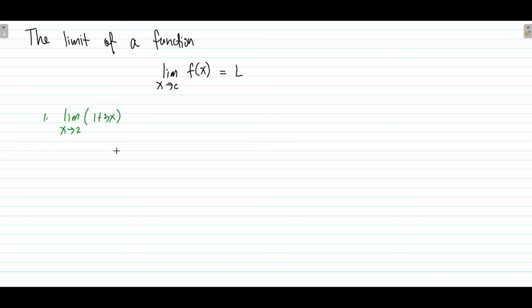So ang ginagawa natin dito is we are going to evaluate the function with numbers that are approaching positive 2. So, considering that we have a number line, ano yung mga numbers that approaches 2?